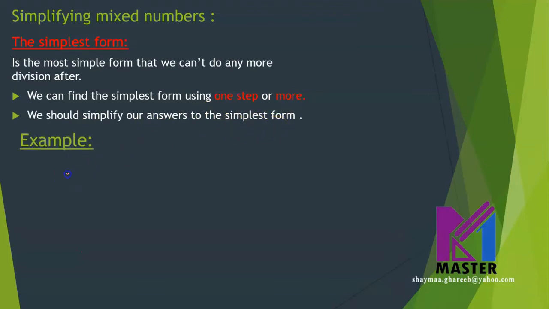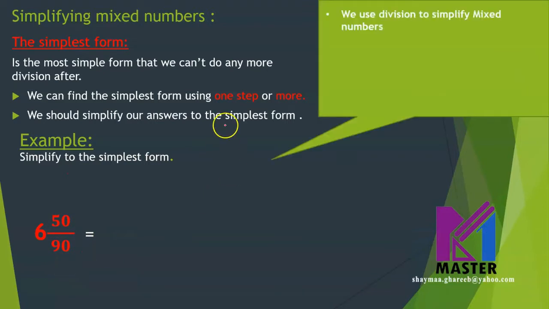Let's see an example. We have here a mixed number and we want to simplify it to the simplest form. So the mixed number is 6 and 50 over 90. Let's remember together again. We use division to simplify mixed numbers, so I have to divide. Which part will I divide? The fraction part.